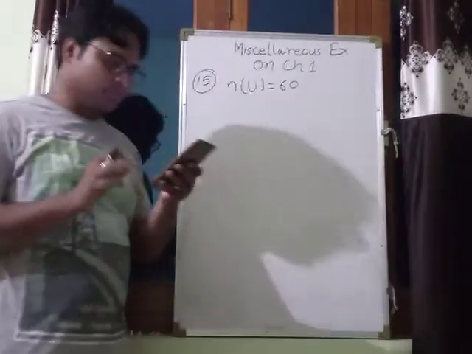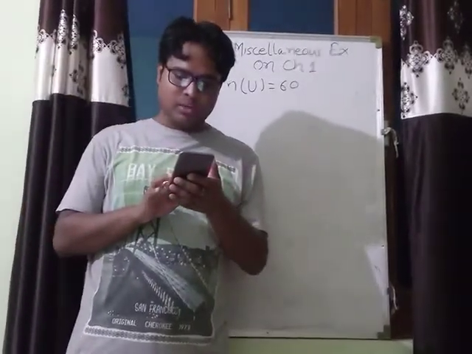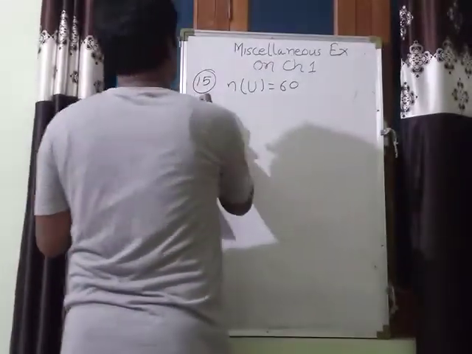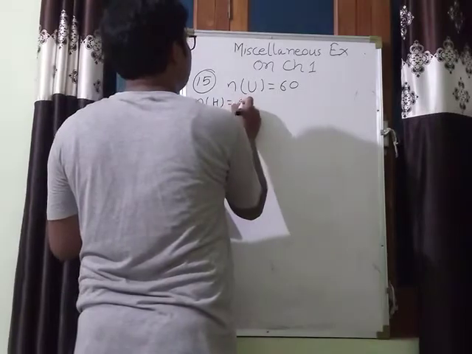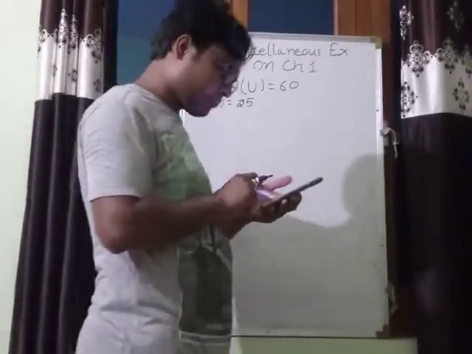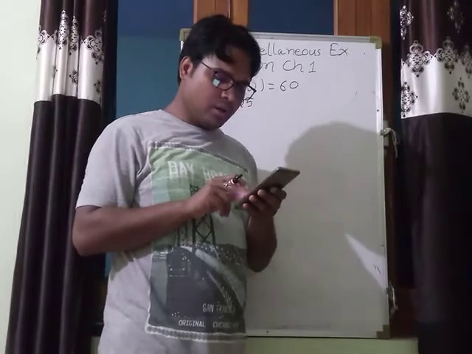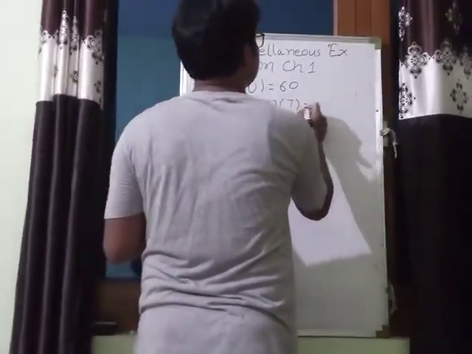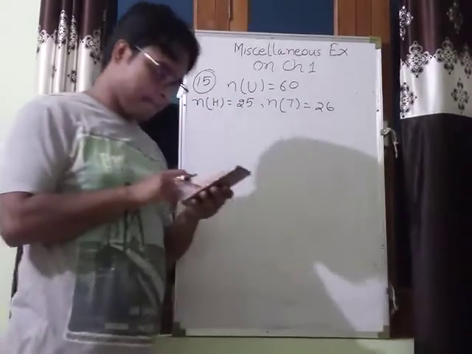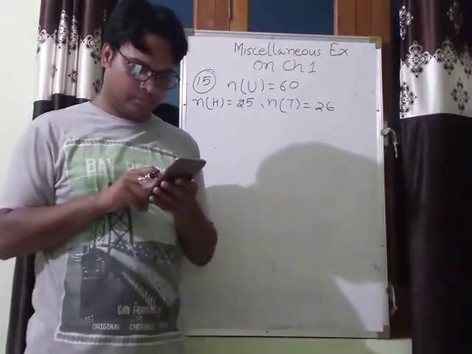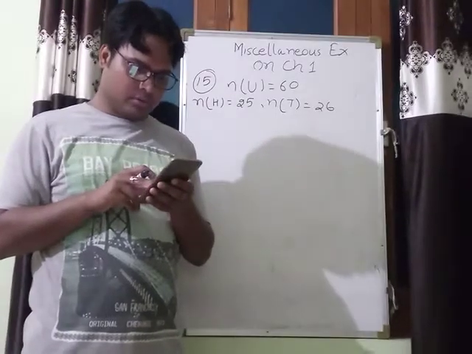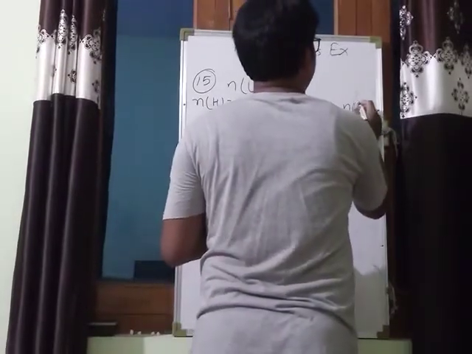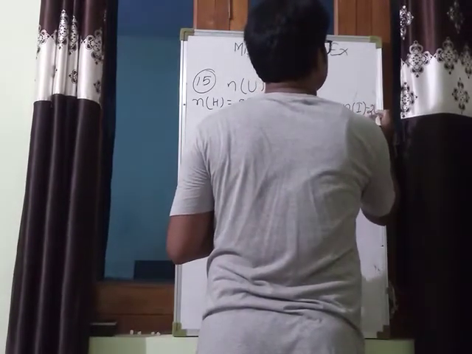In a survey of 60 people, it was found that 25 people read newspaper H, so n(H) is 25. 26 read newspaper T, n(T) is 26. 26 read newspaper I, n(I) is 26.